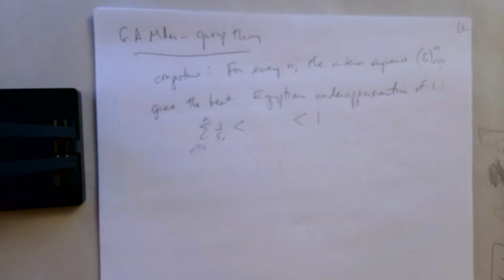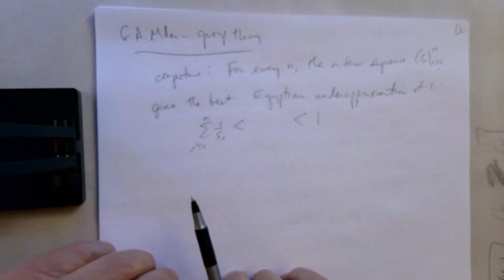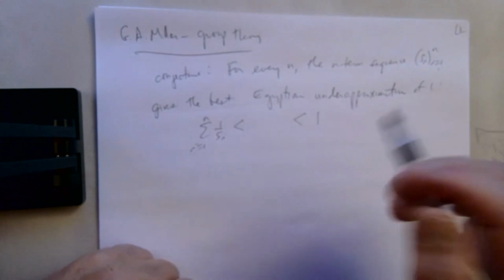And Miller's conjecture was that it's the best Egyptian under approximation in the following sense.